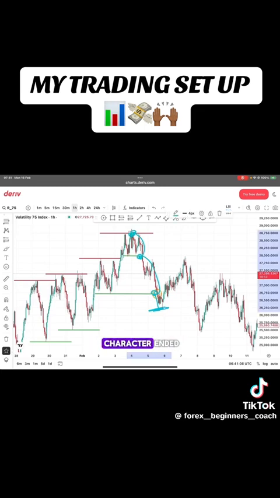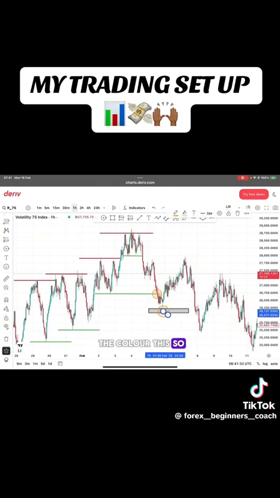Where the change of character ended, the market that moved and changed the trend from an uptrend to a downtrend. Where did it stop before it retraced? That is where I want you to take note of, and this is it, this over here. I'm going to just put another circle, but it's going to be another color. I'm going to change the color.